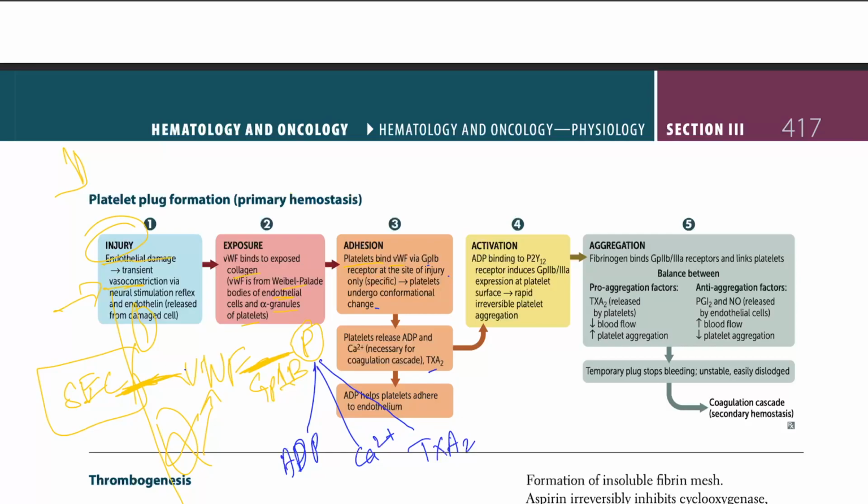ADP helps the platelet adhere to the endothelium. Okay, and this is one thing, and the other one is activation.